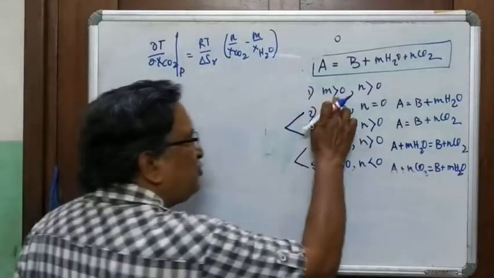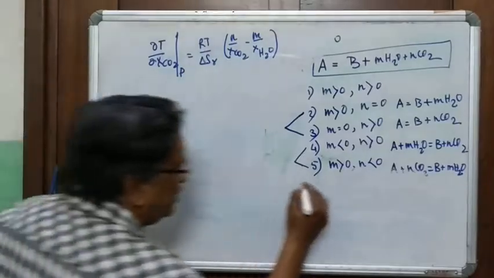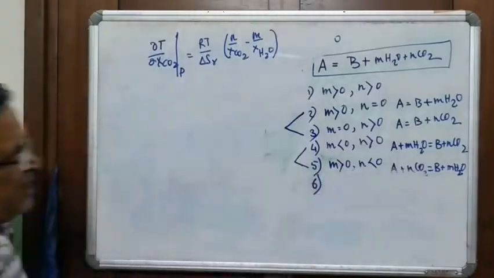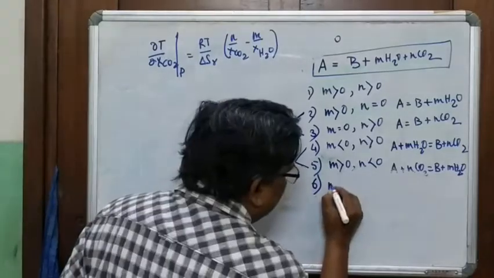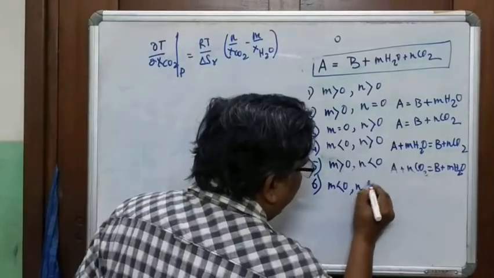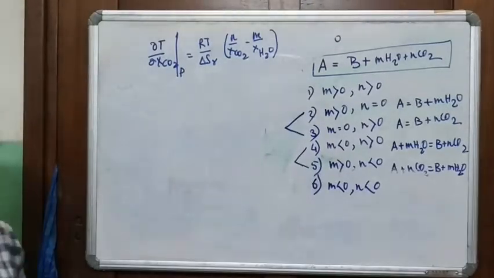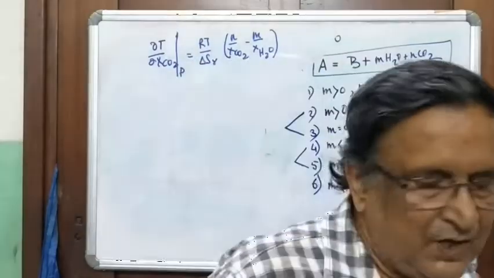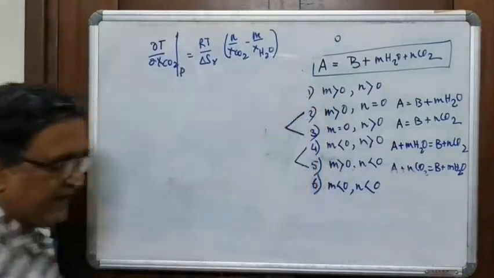Here you have H2O and CO2 both on the positive side, and you can have a situation 6 where you will have M less than 0, N less than 0. So that will be where both fluids occur on the same side of the reaction.